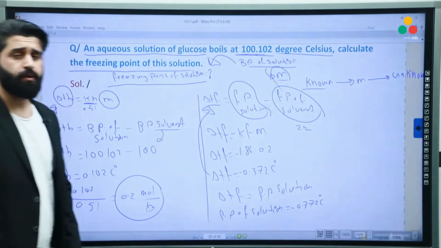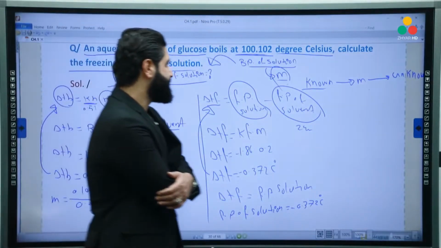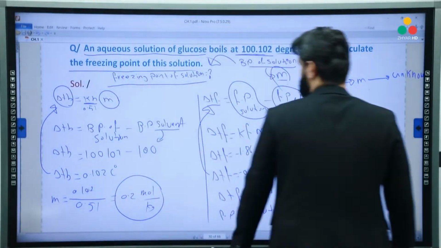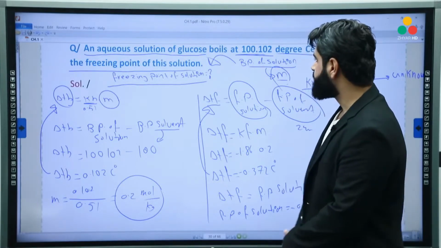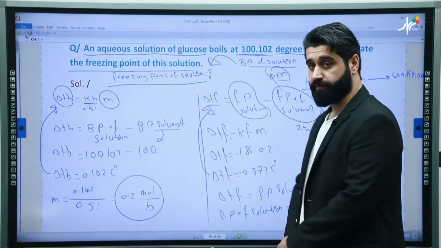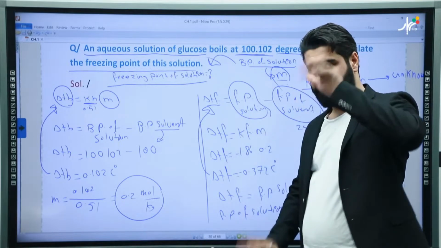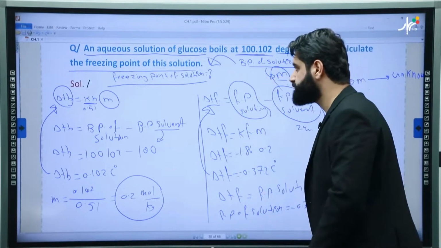Sorry for my handwriting, please. By this way, we can solve any question that contains both colligative properties, which are boiling point elevation and freezing point depression, like this. Okay?